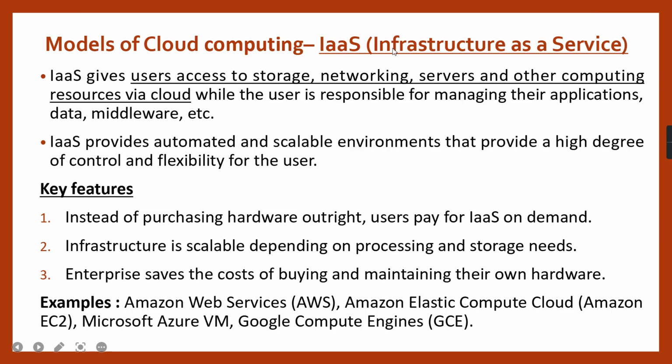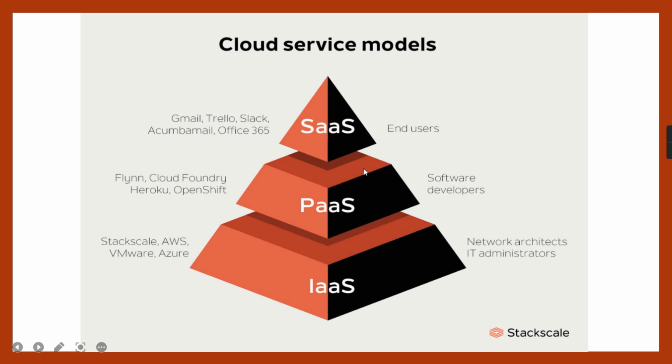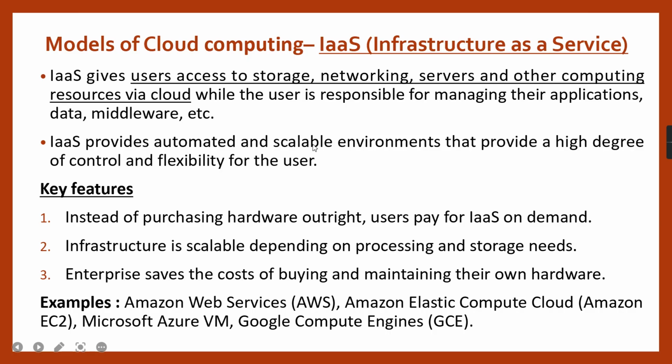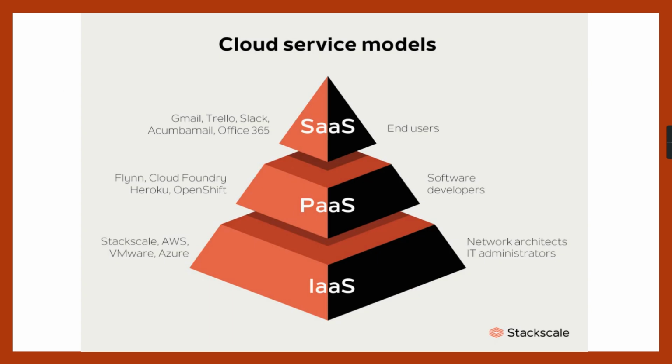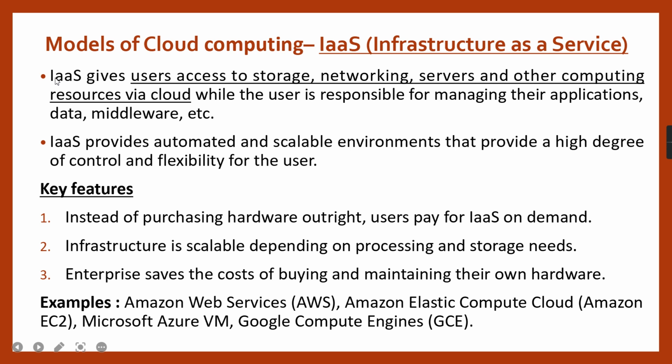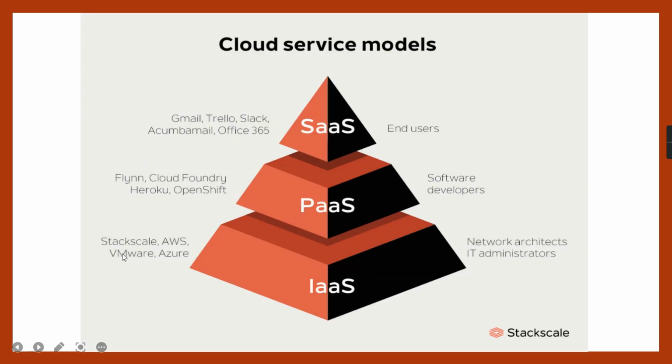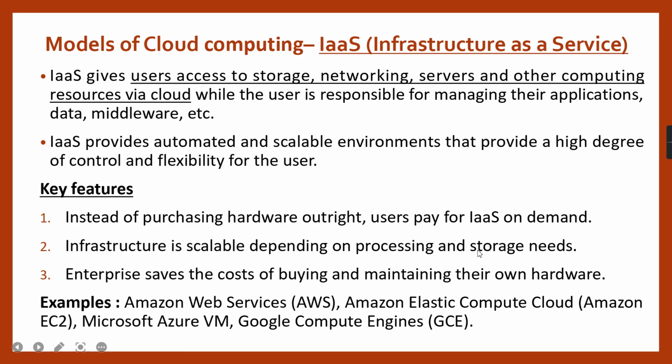So the first one is infrastructure as a service. As we saw, infrastructure as a service is used by network architects and IT administrators. So you have to understand these points from that perspective. They are the users, so why do they need it, and how are these companies helping them?